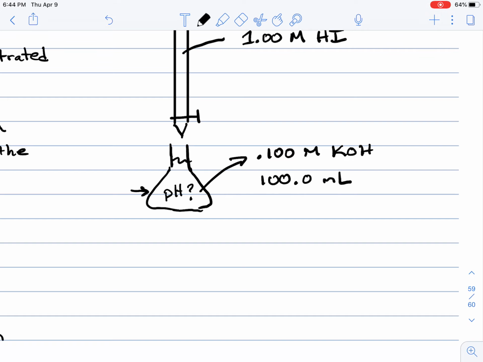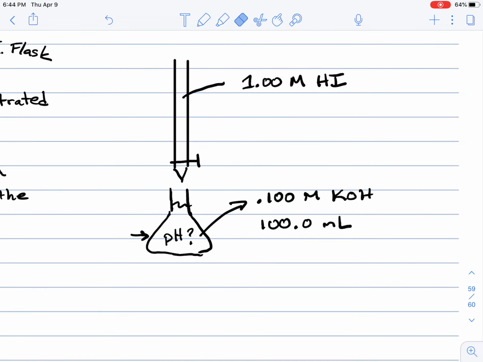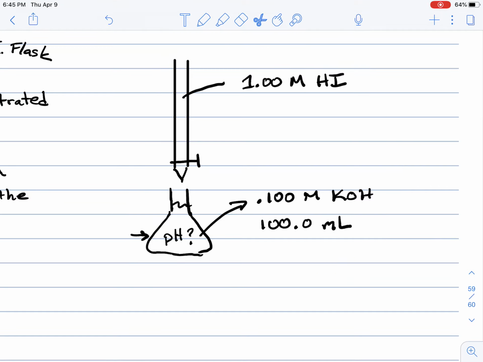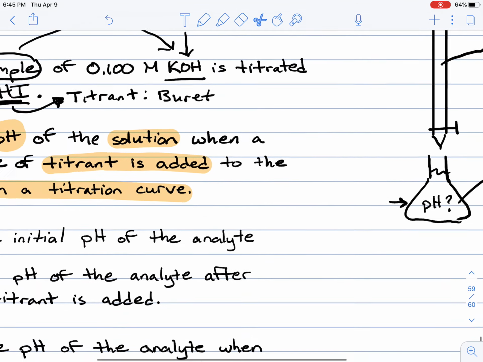And so we're going to use this image as we work through each part of the problem, just to help us keep everything organized.